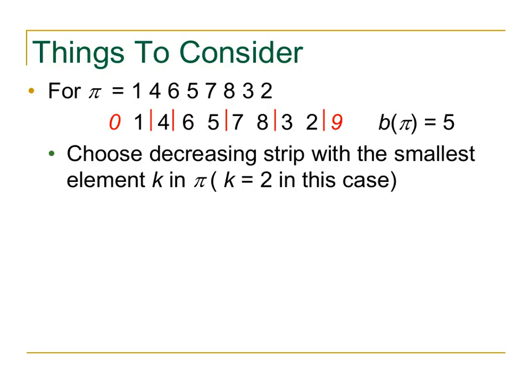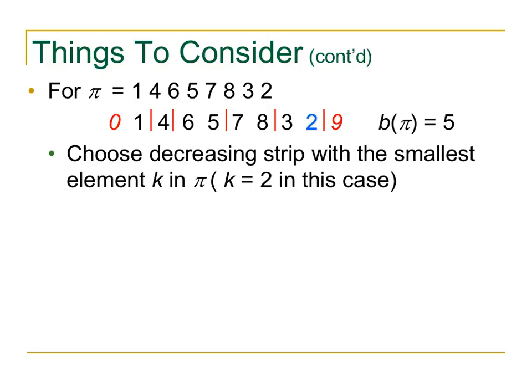Now, we simply tally the adjacent pairs that aren't consecutive integers, and there are 5 of them, so b pi equals 5. The next step is to pick the decreasing strip whose smallest entry k is as small as possible. In our example, that's the strip 3, 2, since its minimum element, k, equals 2. With that strip identified, we're all set to apply the reversal that will reduce the breakpoint count even further.